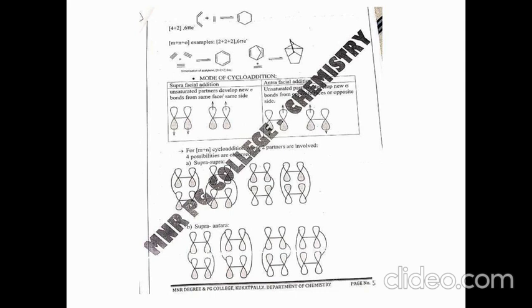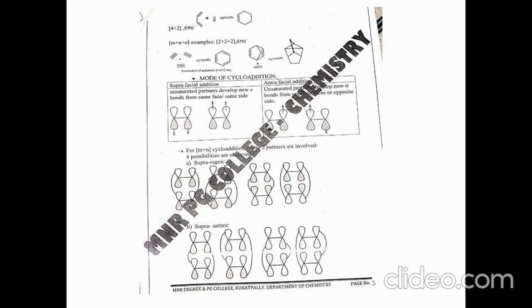Now, what do we mean by suprafacial addition and antarafacial addition? Suprafacial addition is a term related to one component. If two components are there side by side, this term is only applicable to one component.